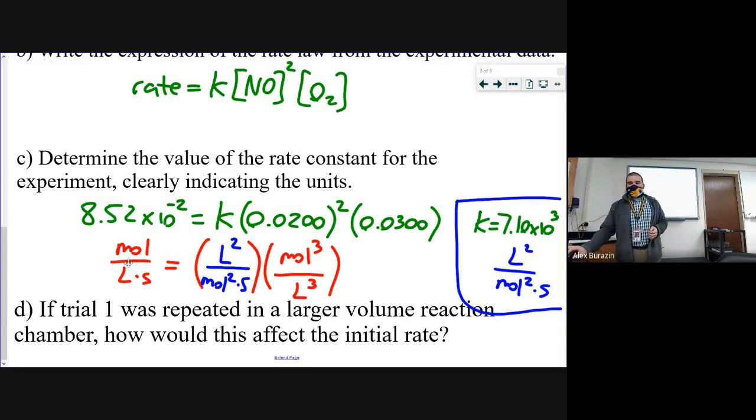So we know that rate is molarity, or sorry, moles per liter times second. We know that this is molarity cubed, right? Because that's a molarity squared times another molarity is molarity cubed. And then I just fill in the blank. What does this need to equal? What does the unit or the label of K have to be so that this side of the equation matches this side of the equation?